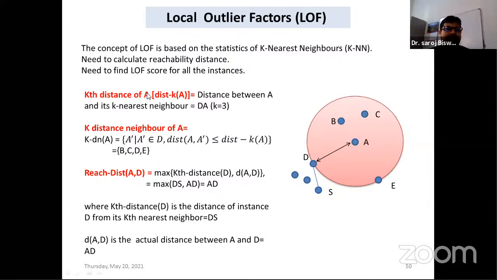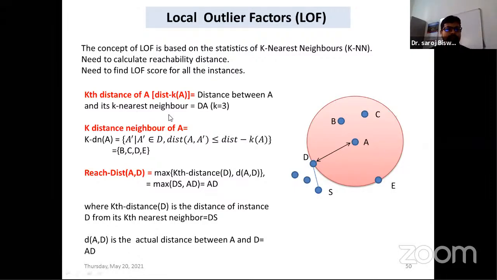So how can we find the kth distance? What's the definition of the kth distance? The kth distance is the distance between A and its kth nearest neighbor. As we're going to find the kth distance, we have to find the distance between A and its kth nearest neighbor.